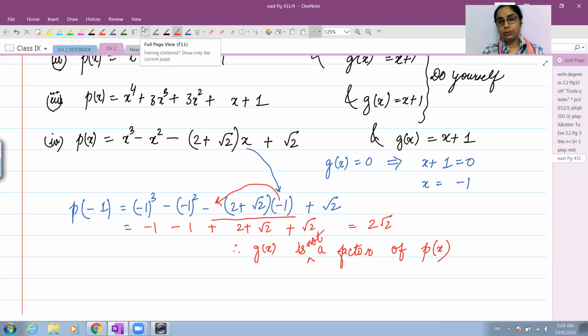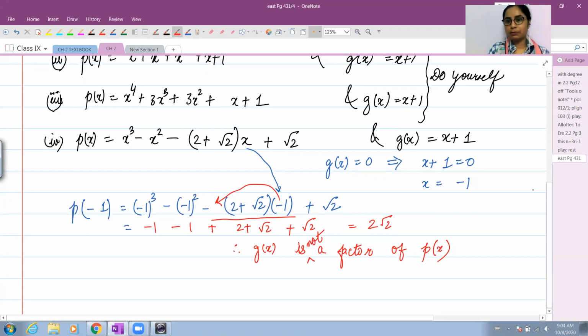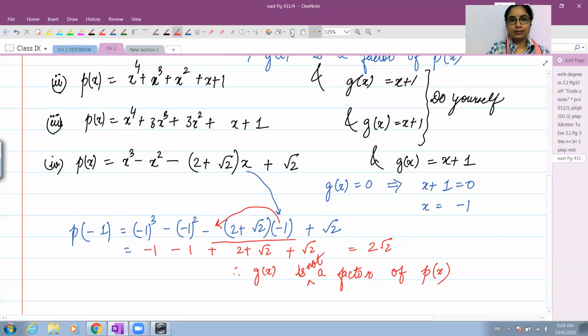Actually, question number 1 and question number 2 are exactly the same. So you will be following the same method for question number 2 as well. I can just do this with you by the time you people are doing this. So from here, we'll be taking gx equals to 0, which will imply that x comes out to be -1, and evaluate.